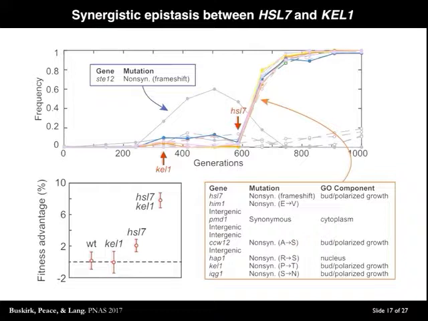And so one of the projects that we've very recently started in the lab is to ask if this KEL1 has essentially opened up a path to higher fitness that was not easily accessible from the starting strain.